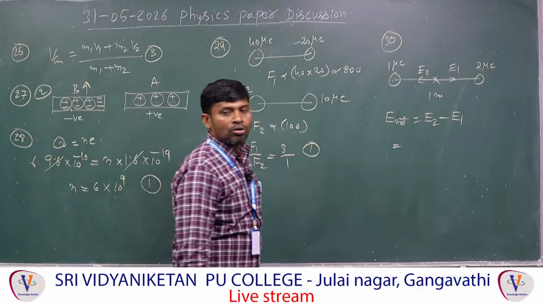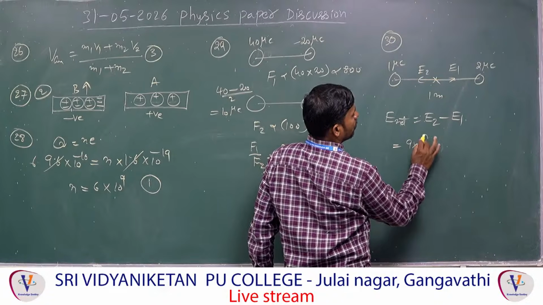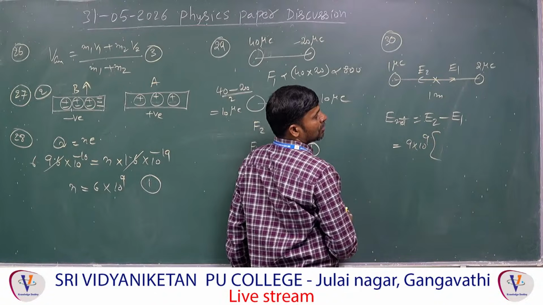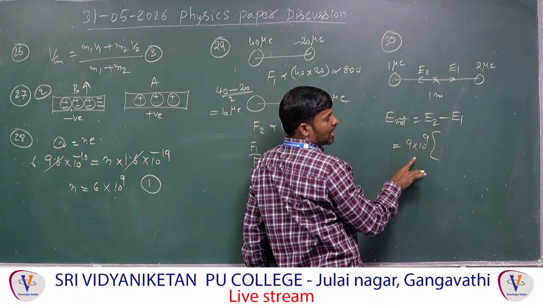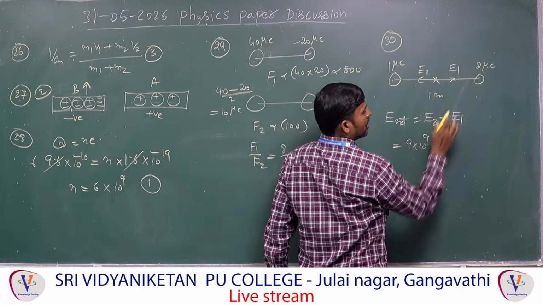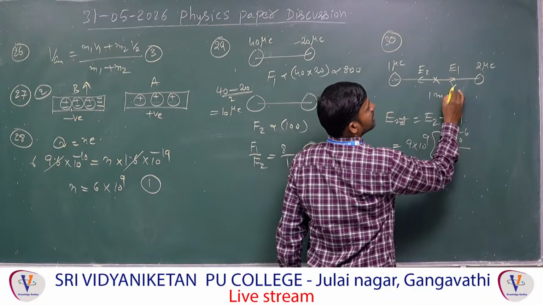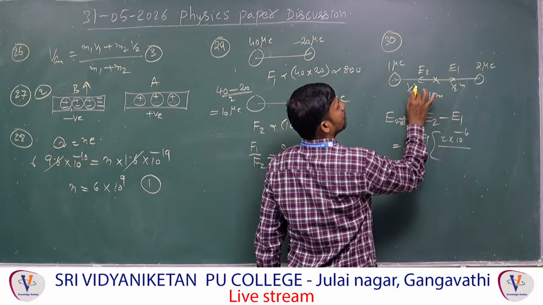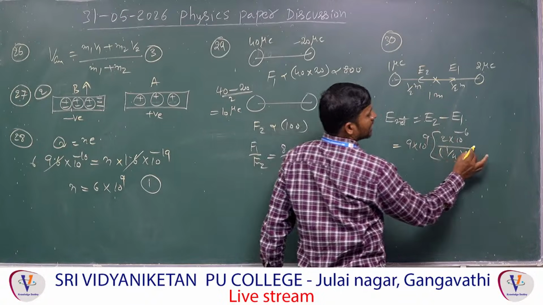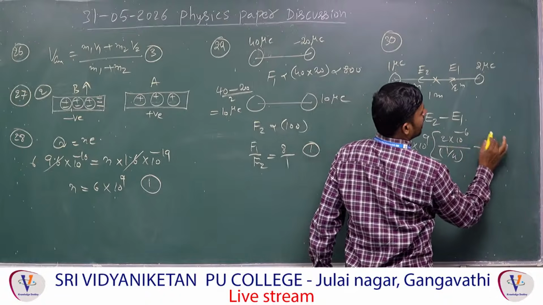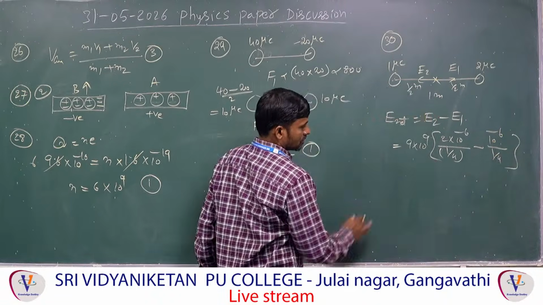What is the net value? E2 minus E1, with 1 by 4 pi epsilon naught q by r square. Both values are the same, so take them common. What is the value of q? 2 micro by r square, with r equal to 1 by 2 meter, like 1 by 4, minus the other one, 1 micro by 1 by 2 whole square, like 1 by 4.